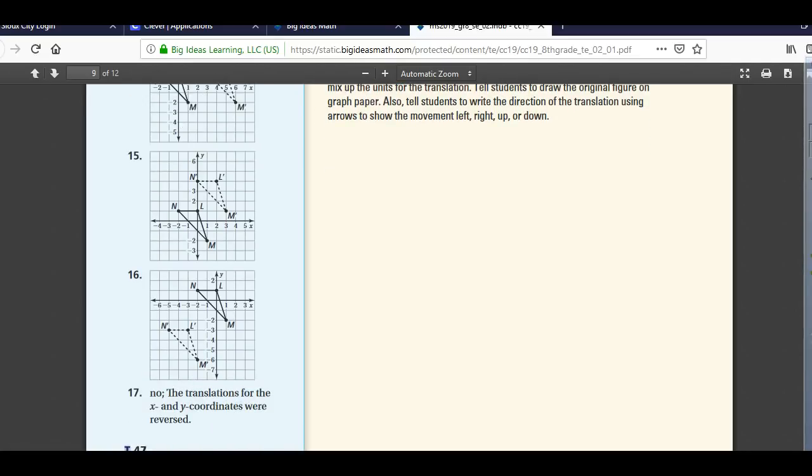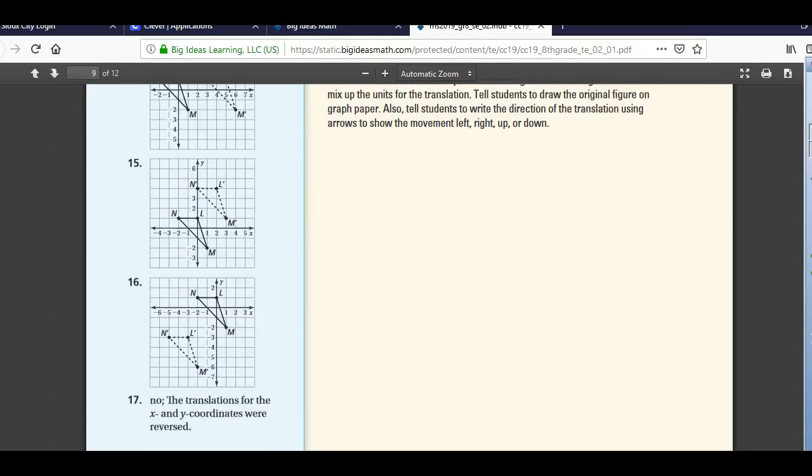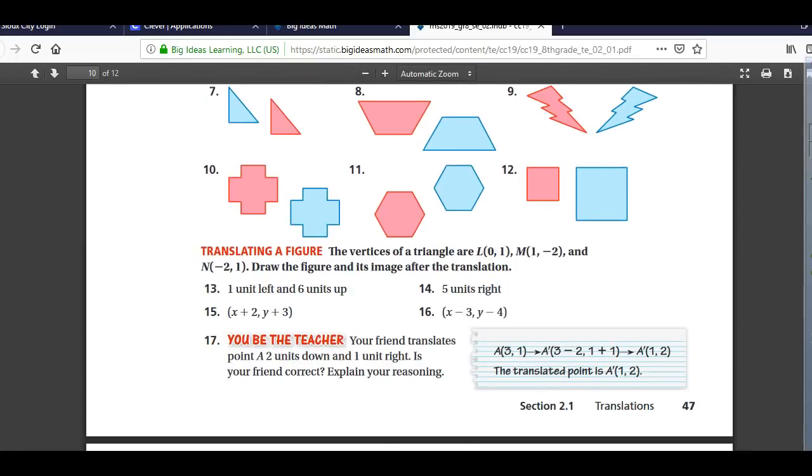And then 17, was that student correct? No, they were not correct, okay? So what they had done is they actually just reversed the x and y coordinates. What it means by reversing the x and y coordinates is that the directions said to translate it 2 units down. That's from the y coordinate.